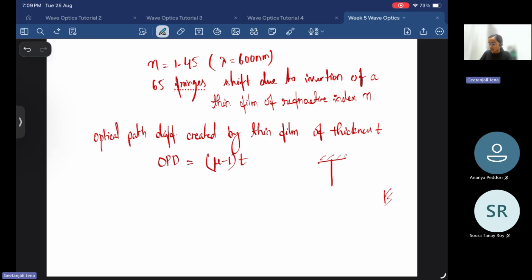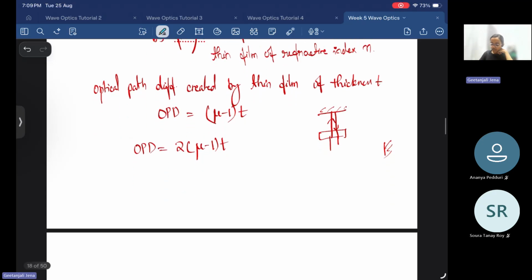It gets reflected from M1, then again it is directed towards the beam splitter. In between, we have a thin film of thickness T. So because of this dual travel, the net optical path difference is 2 times mu minus 1 T.